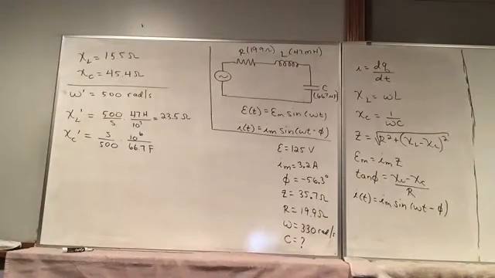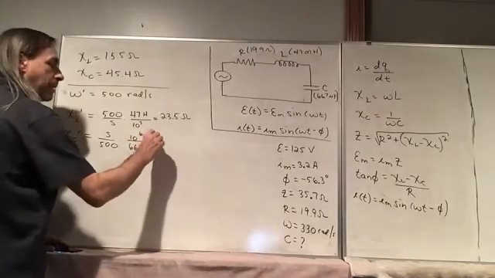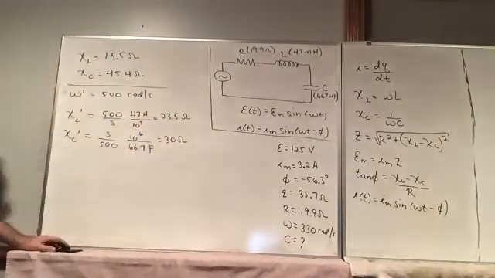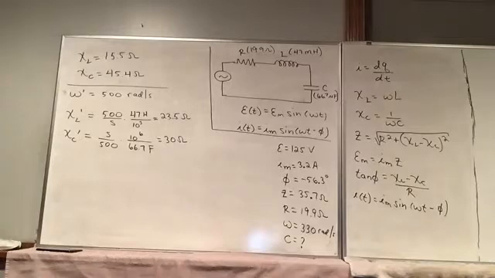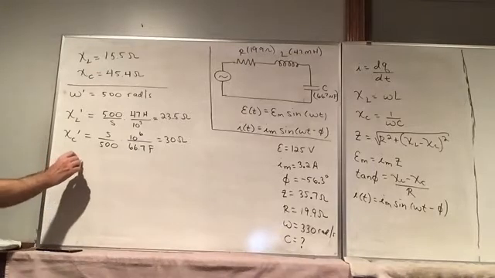Let's calculate this. So I'm getting about 30 now. That capacitor is still in. But you can see that the frequency plays a very big role in how these circuit elements are going to react. We can find the impedance as well.